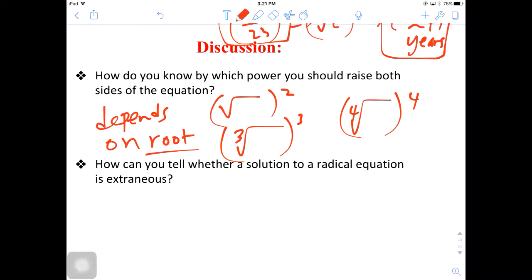And then the second one: how can you tell whether a solution to a radical equation is extraneous? Remember, we talked about for square roots, when you're done, you get an answer, x equals something. You need to substitute back into the original equation that shows the radical.